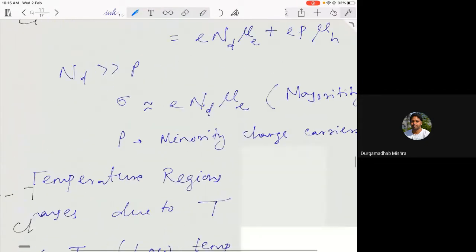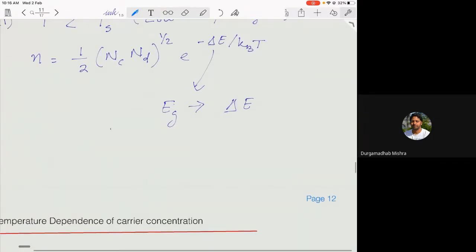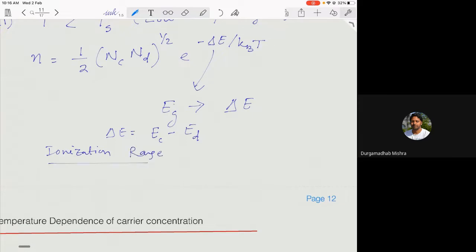So this delta E is nothing but EC minus the energy level of the dopant, in this case arsenic. This is known as the ionization range.